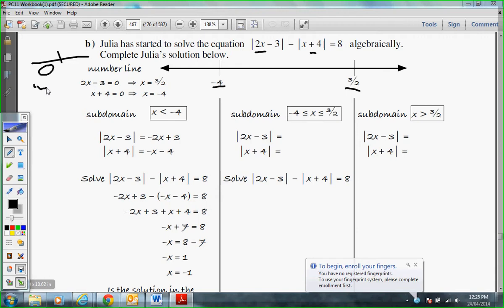Good, Amanda. So today, same thing. The far left, you're going to do opposite, opposite. Both of them are opposite. So that was 2x minus 3, that's why that's changed right here. That's -2x plus 3. That's x plus 4, -x minus 4, because they're both left of the value.